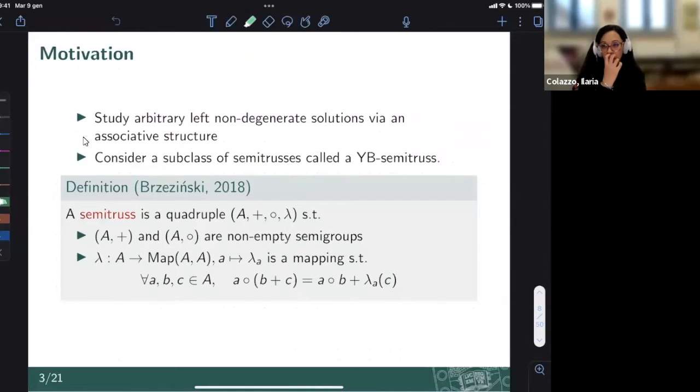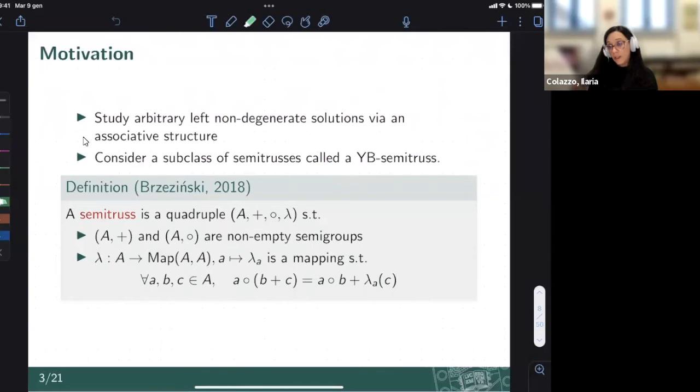What I want to focus on here is that the class of semitrusses is a very wide class. In fact, if we have a ring, just a ring, so two operations with the distributive connection between them, this ring is a semitruss.